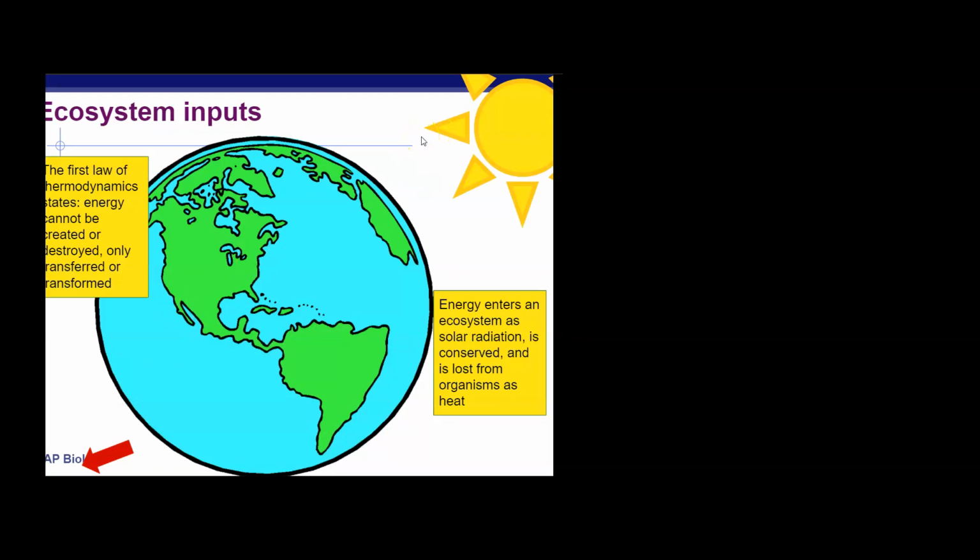So essentially, we have to go back to that idea of the first law of thermodynamics. The first law of thermodynamics states that energy can't be created or destroyed. It's only transferred or transformed. So energy is going to enter our ecosystem as solar radiation, and it's a constant input of energy.